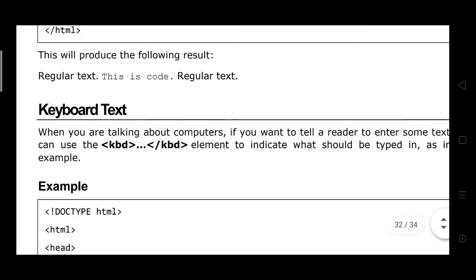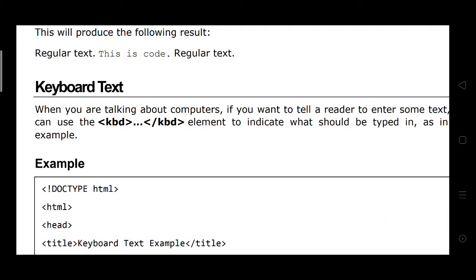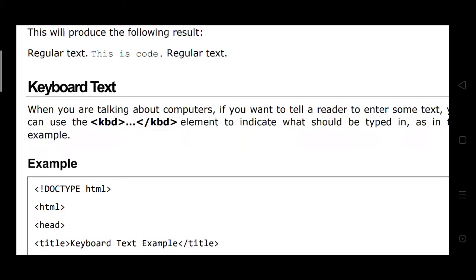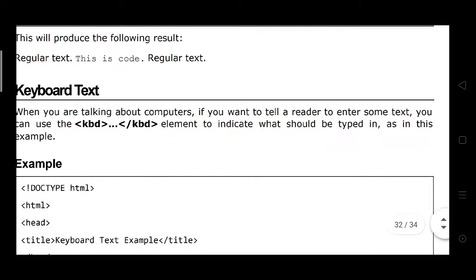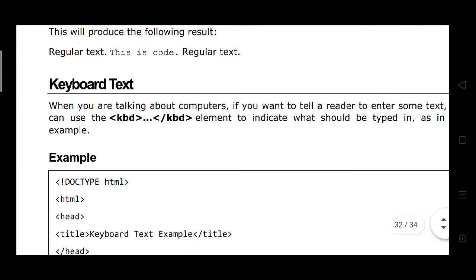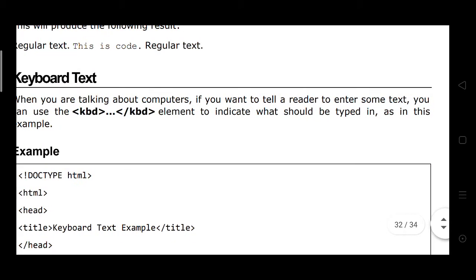Then keyboard text. When you are talking about computers, you want to tell the reader to type some text, you can use the KBD element to indicate what should be typed in.